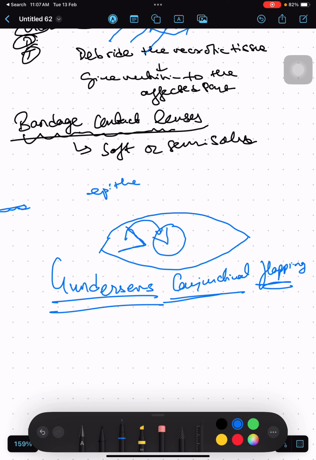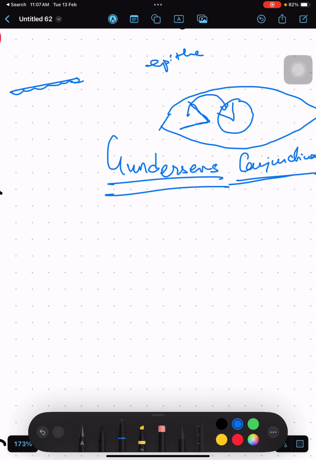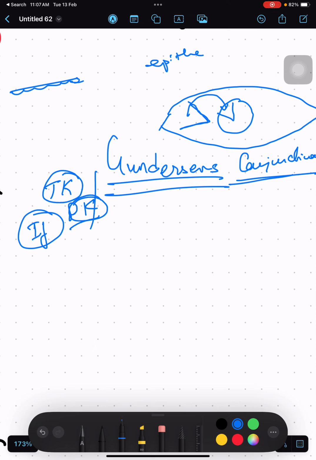And the next thing you need to remember is, if the cornea is about to perforate, or is already perforated, then you might go for therapeutic keratoplasty or a penetrating keratoplasty according to the requirement. But if there is corneal thinning, we are of course going to use tetracycline, right?